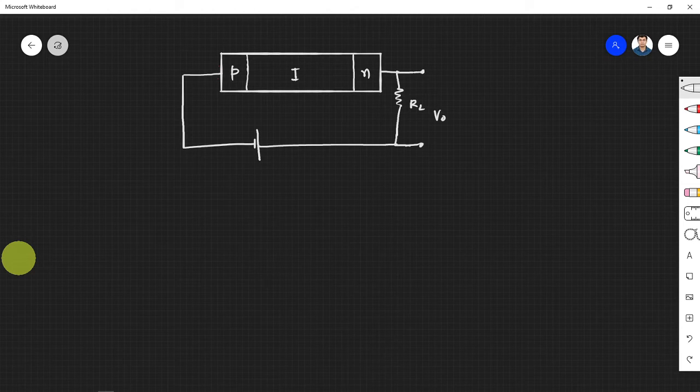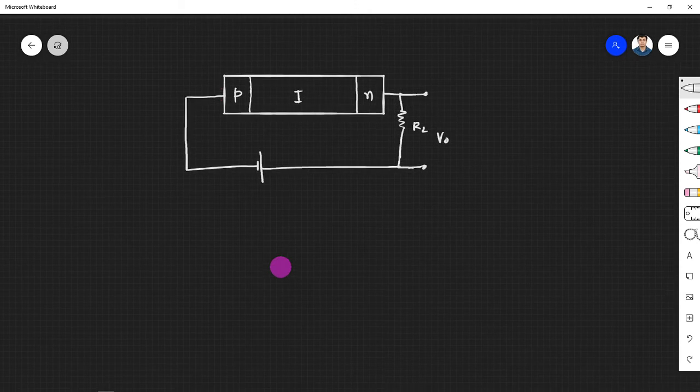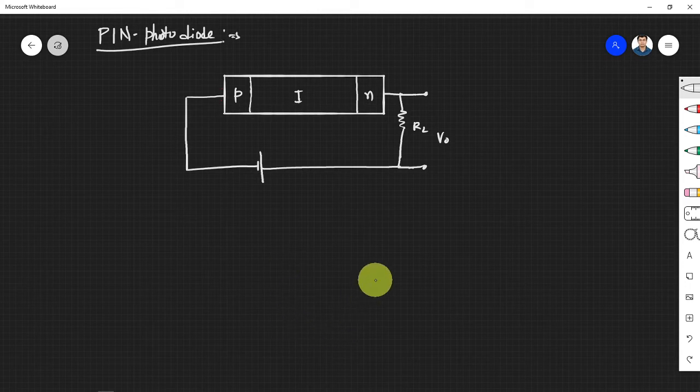So in this construction, this is called a PIN photodiode. So we are now into the PIN photodiode. On the P side we have P-type semiconductor, then we have an intrinsic semiconductor, and then N-type semiconductor.